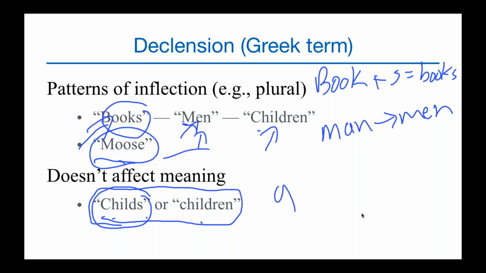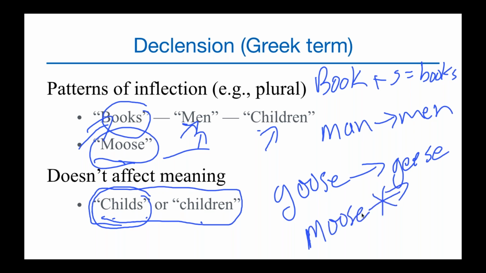So goose goes to geese. You can see here moose does not go to meese. So you're going to have some words that look like they should follow one declension, but they don't follow it, and they follow a different one. Those are ones that we will point out specifically. I don't offhand remember any of those being this semester. I think there's something next semester that's kind of similar to what this is representing.